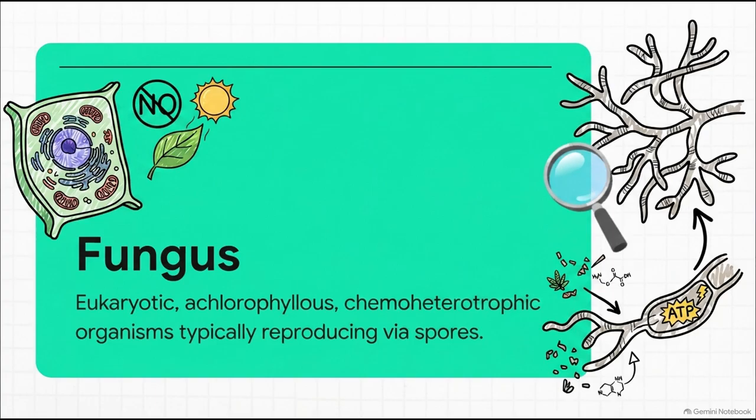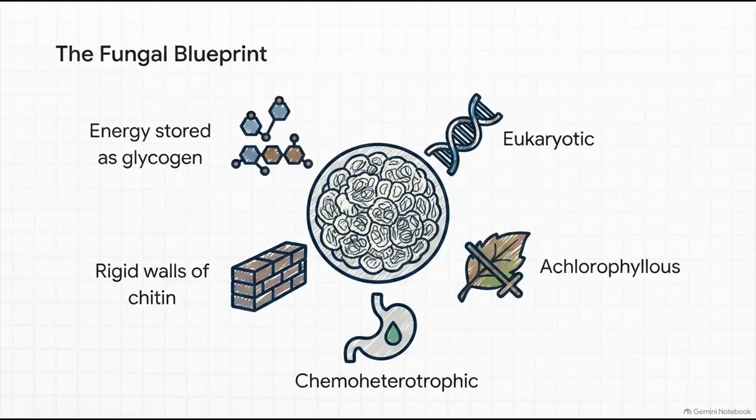They are achlorophyllous. They have absolutely no chlorophyll, which means they cannot photosynthesize and make their own food like plants do. Instead, they are chemoheterotrophic. That's just a fancy way of saying they have to absorb pre-existing organic carbon from their environment to survive and extract energy. So because they can't just sit in the sun and make their own food, they've evolved these incredible biological workarounds.